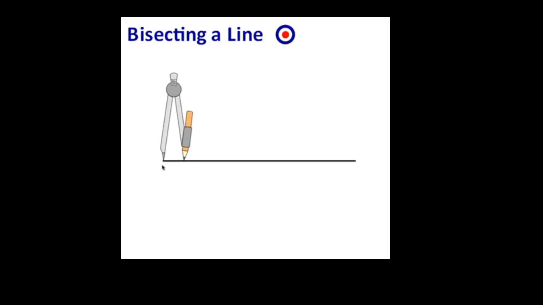This is called the leading edge of the line. I have not given notation, so let that point be A. Now from point A, take a distance which is greater than half the length of AB. So this is the length greater than half of AB.